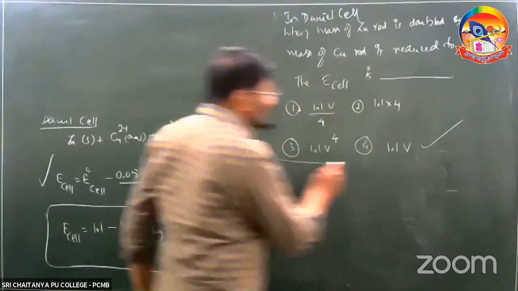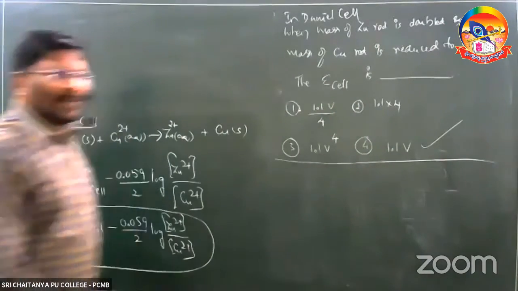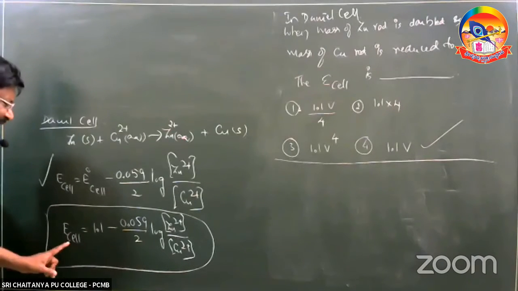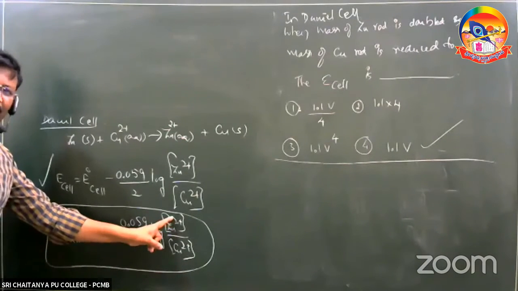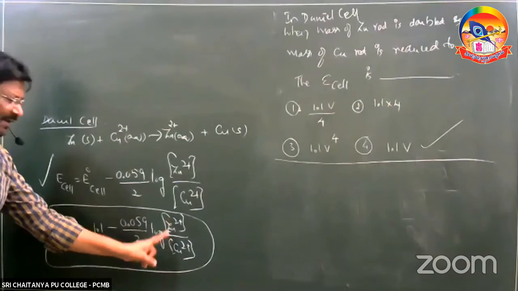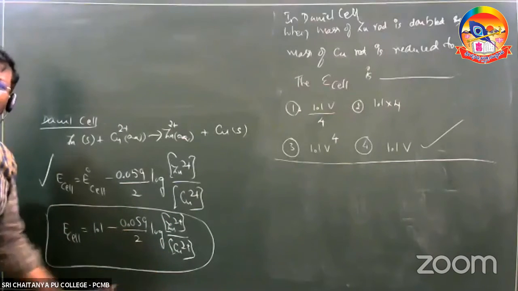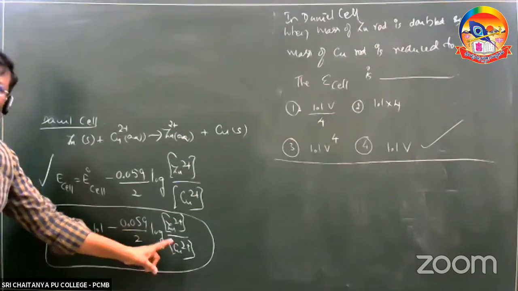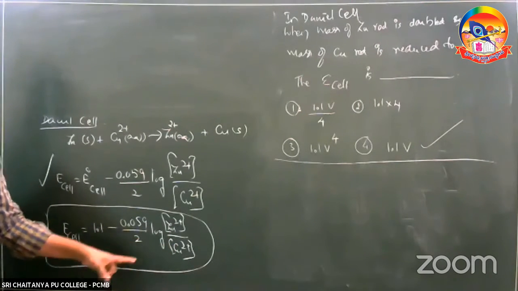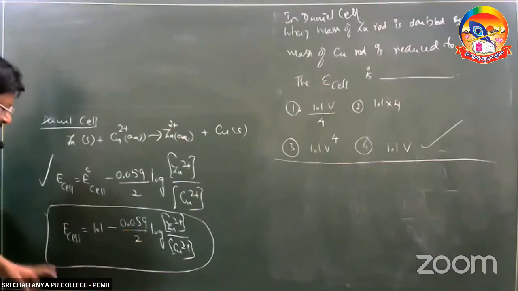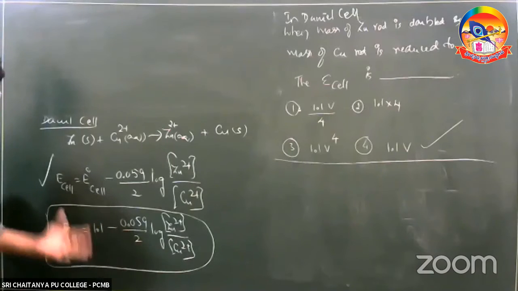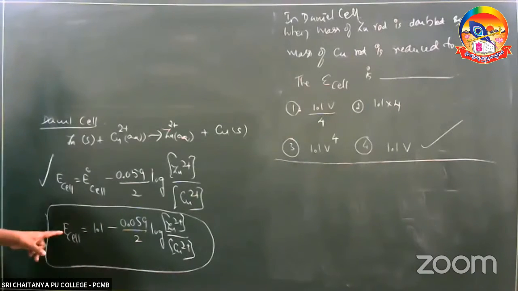See the next question. E cell depends on Zn2+ concentration and Cu2+ concentration. Let us now see how to increase E cell.